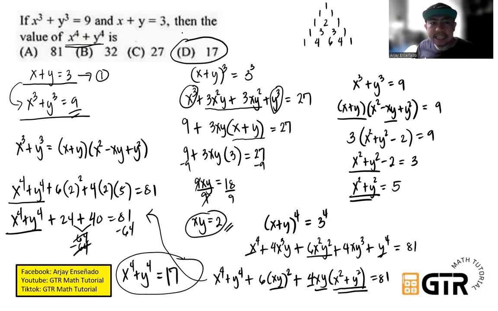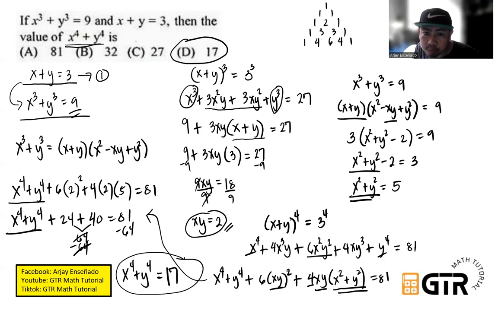Okay, so just in case this cannot be solved by trial and error, this is how you solve this. So we will use these techniques: the identity for the sum of two cubes, the identity for the cube of a binomial, and the identity for the binomial x plus y raised to the fourth power.